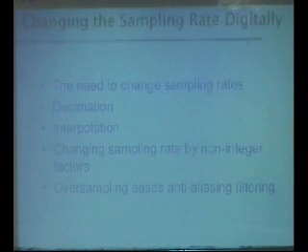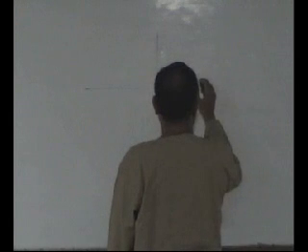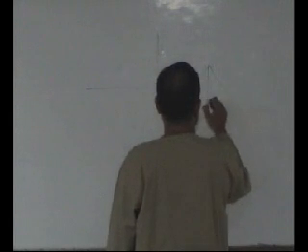So this brings us to changing the sampling rate digitally, and the motivation is, as I mentioned earlier as well, that let's say you are sampling a signal which is at 70 megahertz.